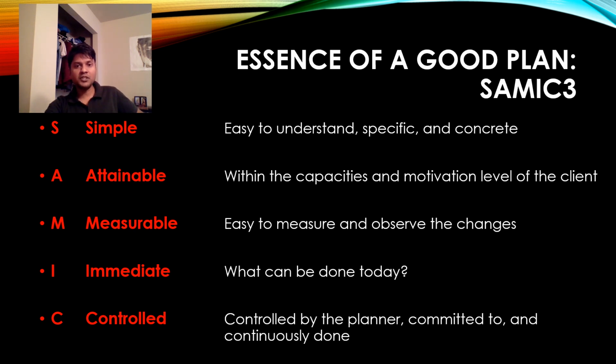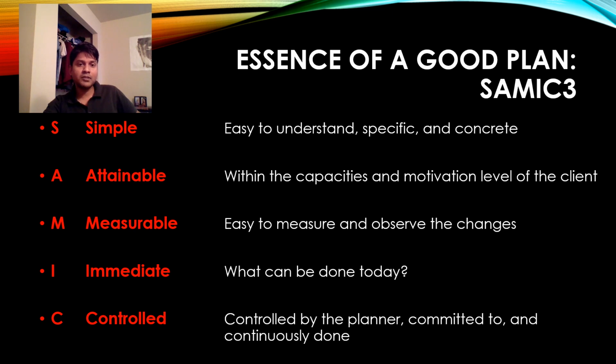If we make a plan which is beyond the capacities of the client, even if the client wants to do that, he or she won't be able to do that. So the plan should be simple, and it should be attainable. The third one is measurable. How will the client know, and how will the counselor know, that the change is happening?